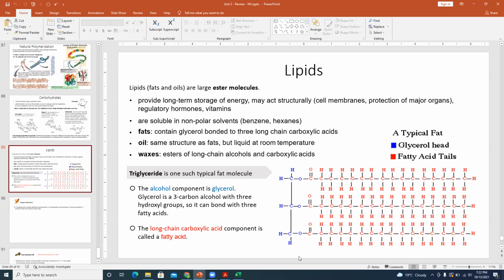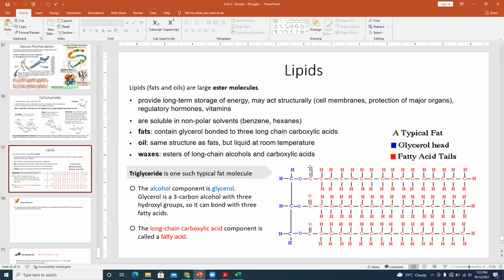So when glycerol has its hydroxy groups, it can make hydrogen bonds with water, but it can also form bonds with these 3 fatty acids in a condensation reaction to form this large polymer, this lipid, which we call a triglyceride. And this long chain carboxylic acid here, as you can see, has a very long hydrocarbon chain.